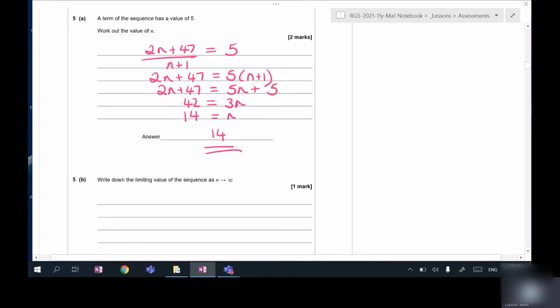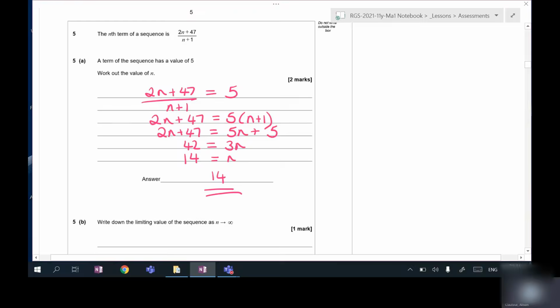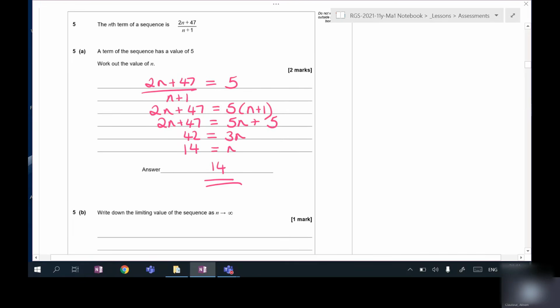Write down the limiting value of the sequence as n tends to infinity. So what is happening to these terms as n gets really, really, really big? Okay, so the best way to think about it is (2n plus 47) over (n plus 1) is quite tricky to think about. It's probably quite a tricky graph to draw.